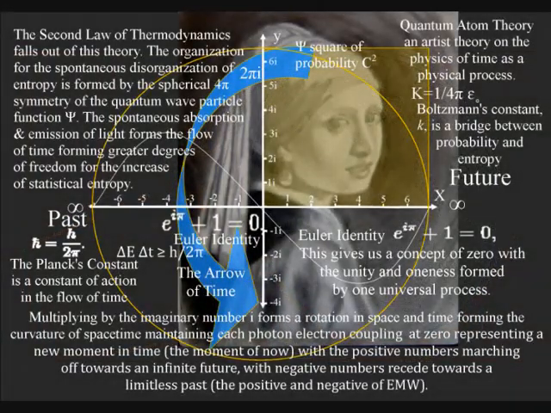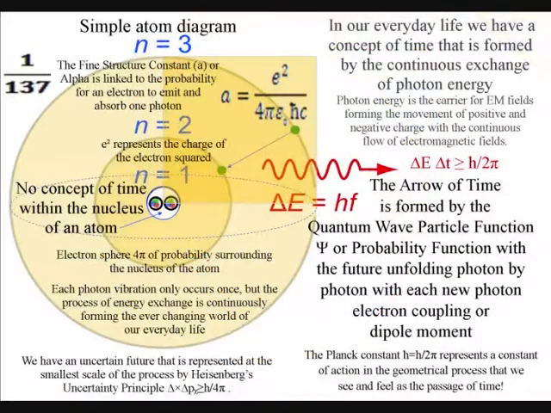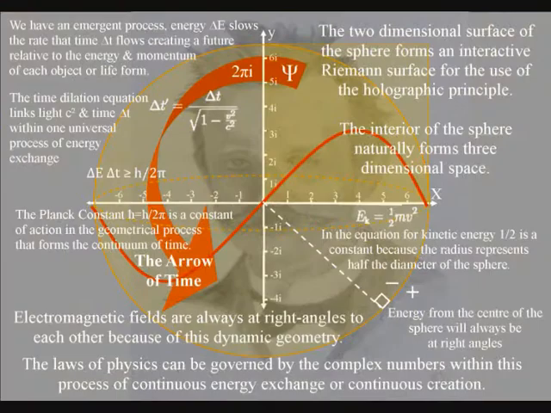In this diagram we have the complex plane with 0 in the center, representing t equals 0. We can think of this as one photon electron coupling, or dipole moment, equals 0, the moment of now, with the positive numbers representing an infinite future and the negative numbers representing an infinite past.